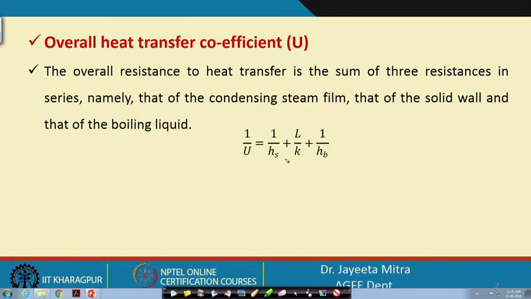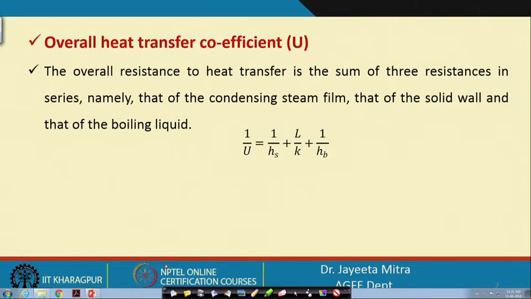Suppose we are using stainless steel and the thickness is very small, let us say 2 mm, 3 mm like that. So, we will take the thickness divided by the thermal conductivity, plus 1 by HB, where HB is the convective heat transfer coefficient of the boiling liquid.